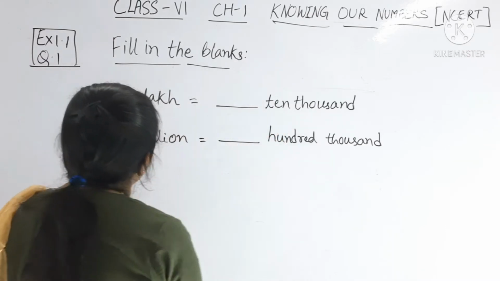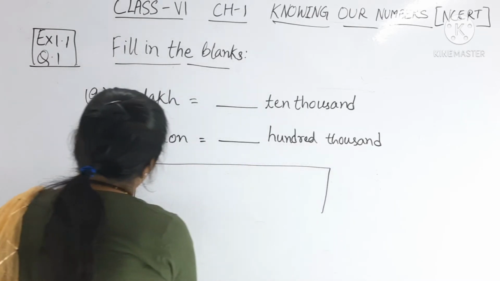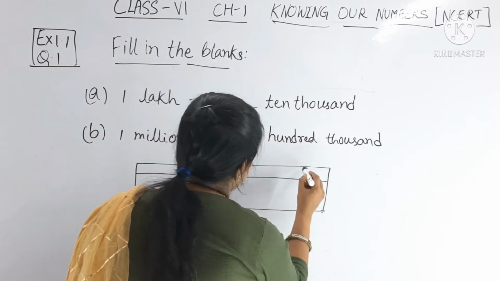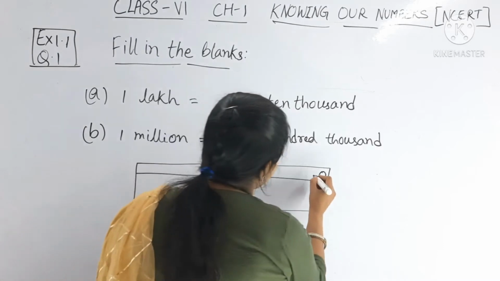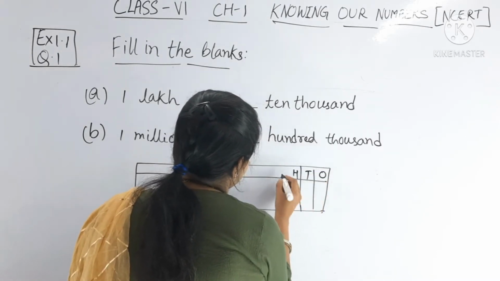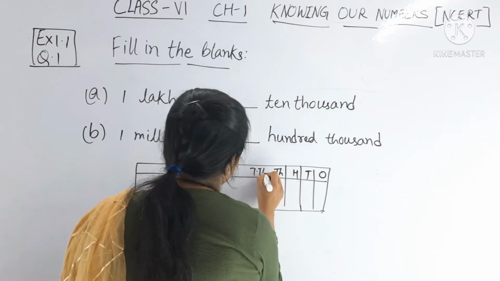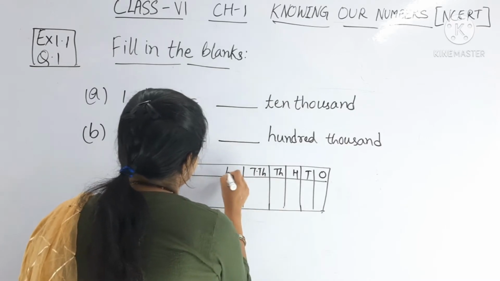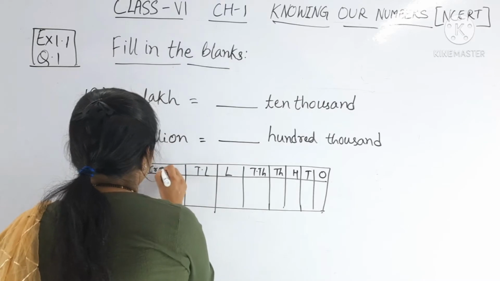For this I am making the place value chart so that it is easy to understand. Ones, tens, hundreds, thousand, 10,000, lakhs, 10 lakhs, crore.